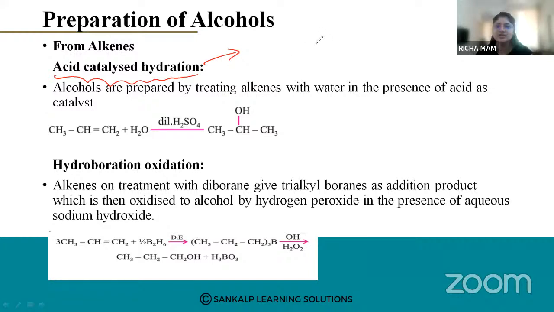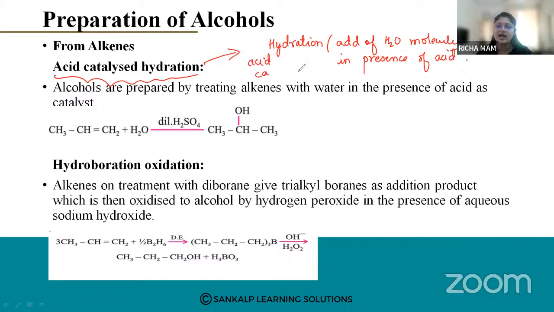Hydration means adding a water molecule, and acid means in the presence of acid. So acid catalyzed hydration means the addition of a water molecule to the alkene in the presence of acid.